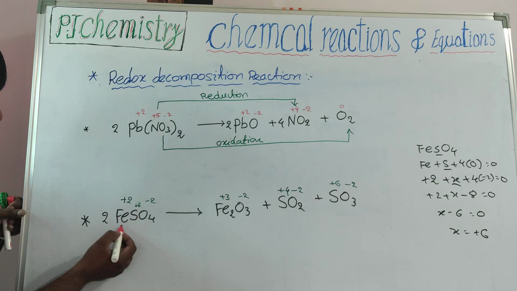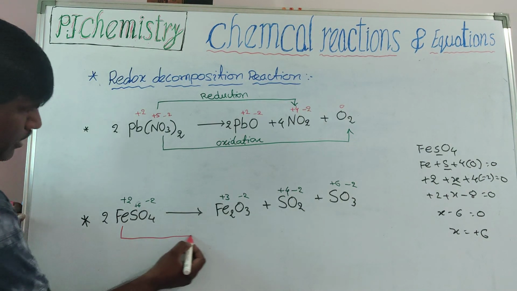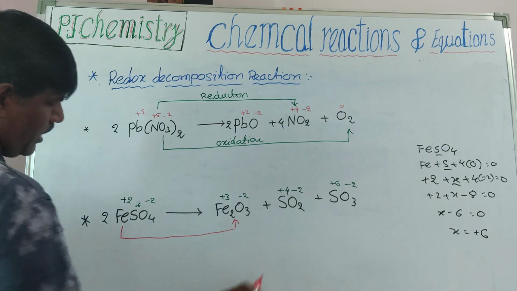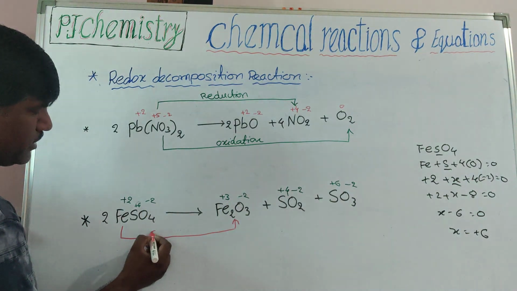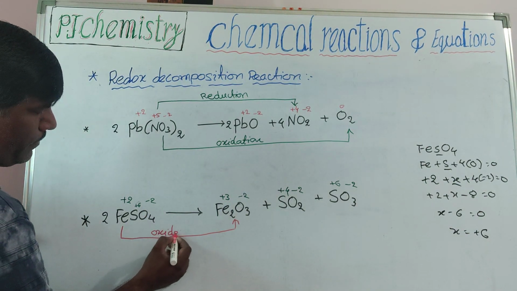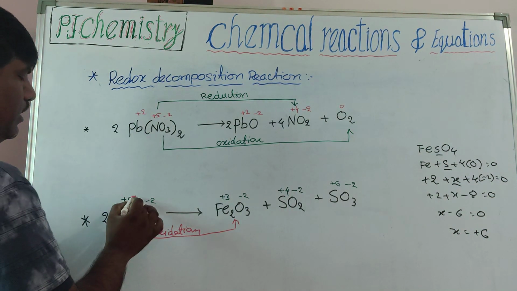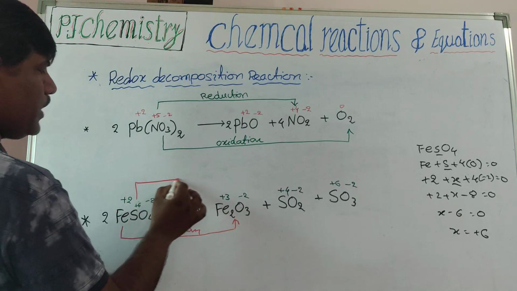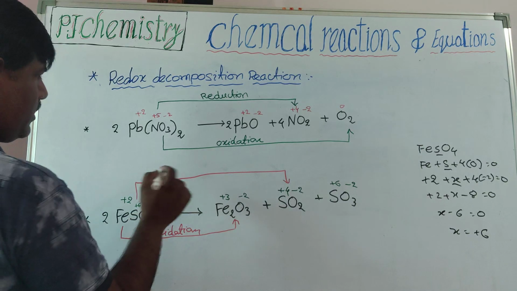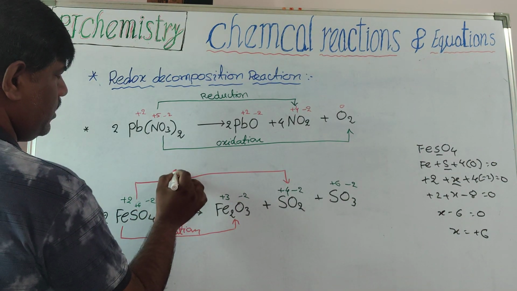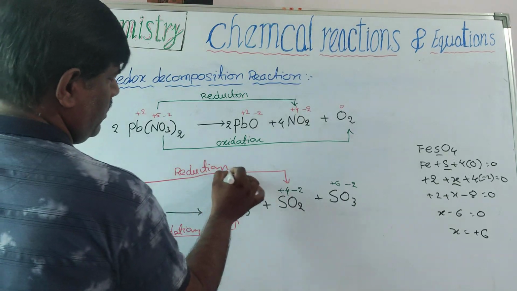Iron on the reactant side has +2. What about the product side? The product side iron has a +3 oxidation number. So +2 to +3 is an increase. Increase means oxidation. Next, sulfur here is +6. +6 to +4 is a decrease in oxidation number. Decrease means reduction.